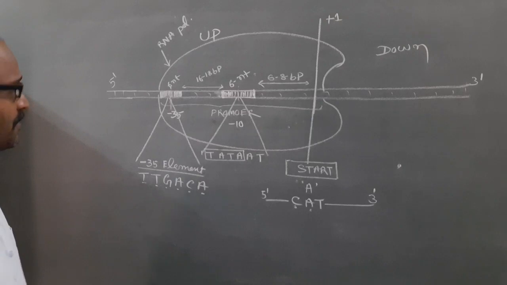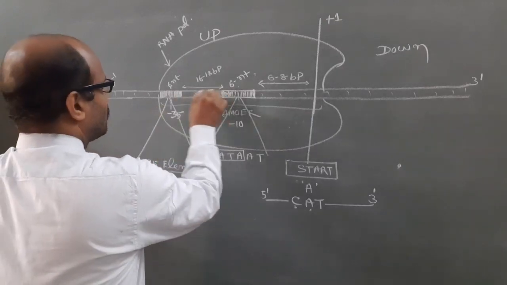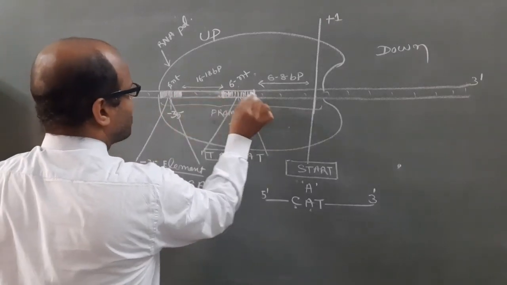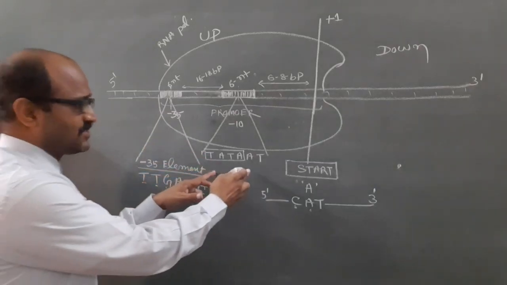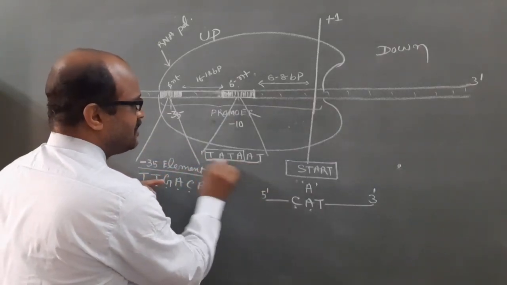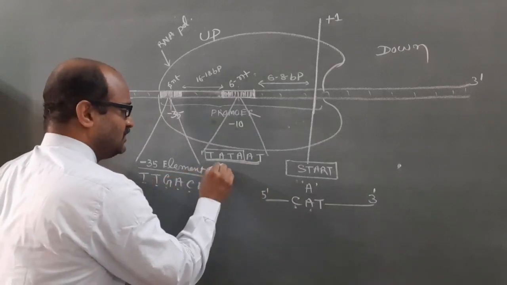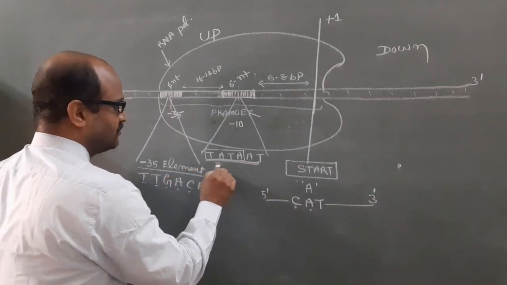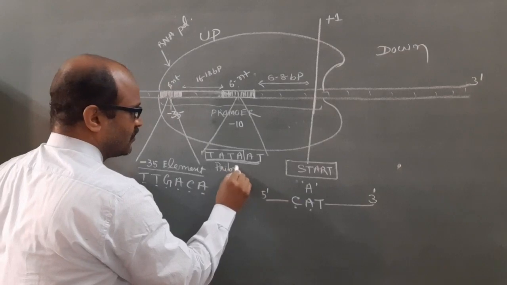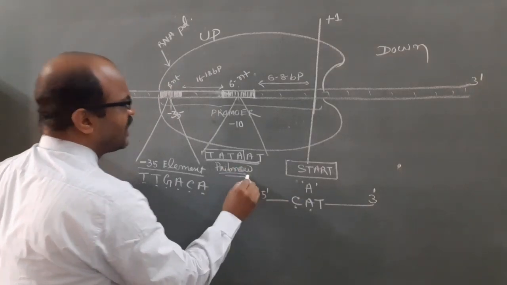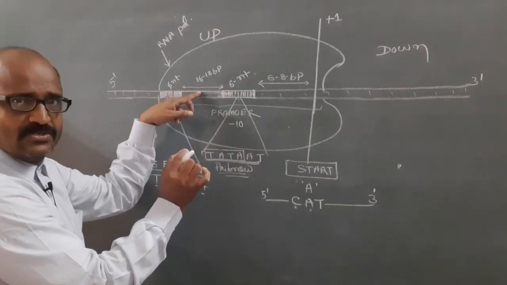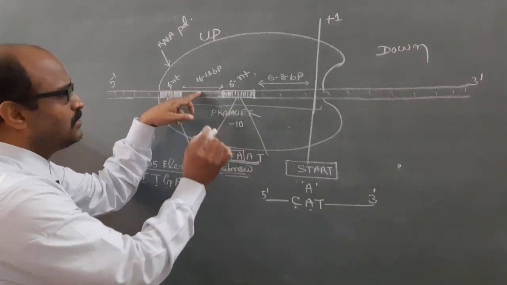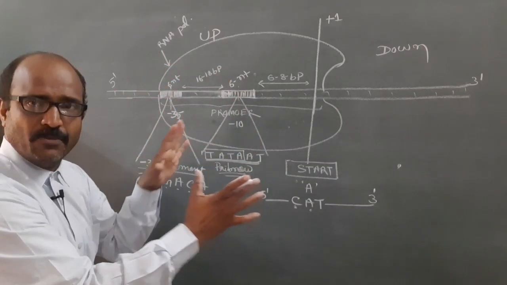Okay, right? So now, on either side of the Pribnow box, there are some sequences which are read out by the RNA polymerase.